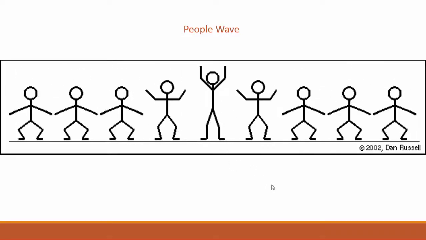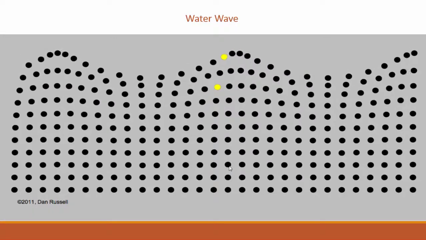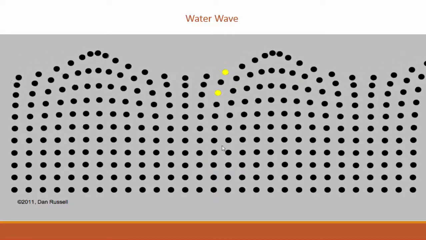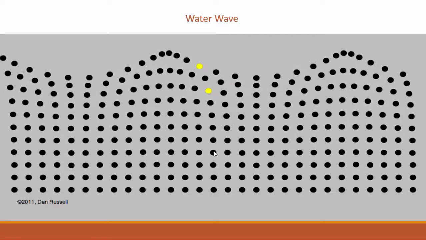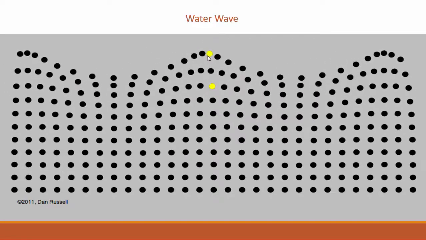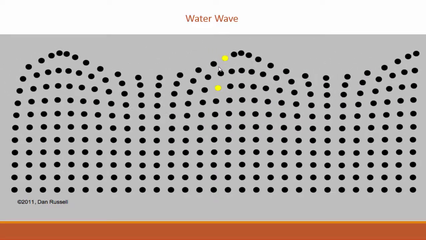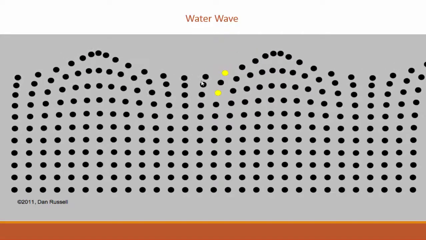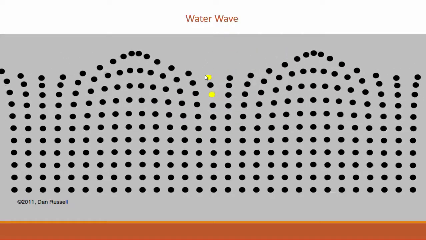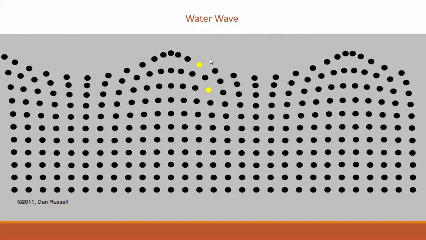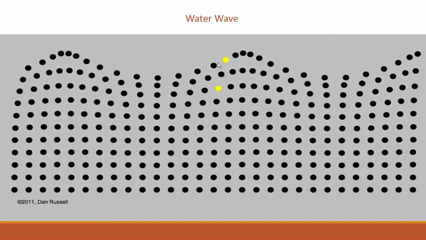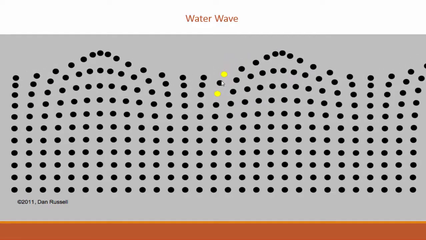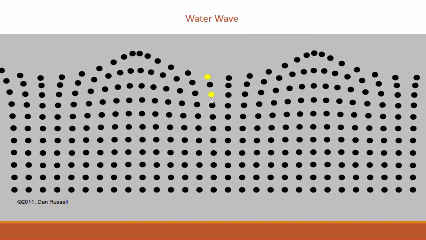But anyway, a couple of other waves. Water waves are not perfectly transverse or longitudinal. If you look at a single particle, it would actually be traveling in kind of circular motion. Again, there's no net transport in the ideal situation, if there's not any friction going on, rubbing with the bottom of the ocean or whatever the water is in.